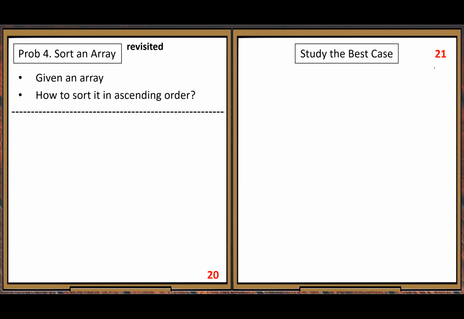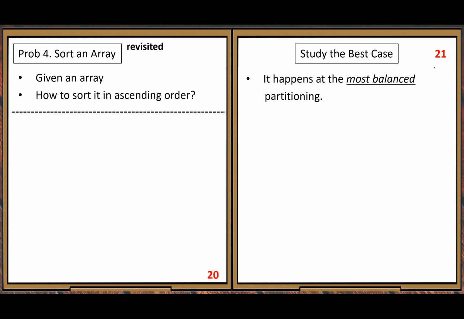For quicksort, there is actually no good analysis corresponding to the average case efficiency, because it's too complex and too hard to analyze well. But the best case is much easier. In the best case, we still look at each partition step.